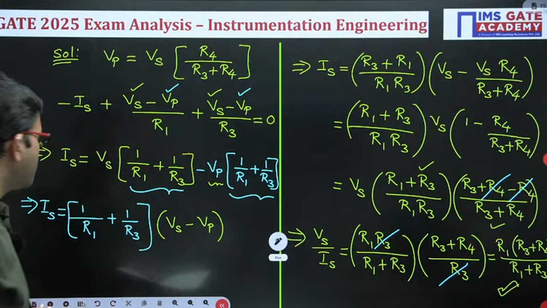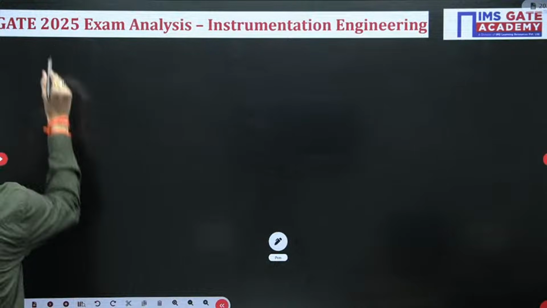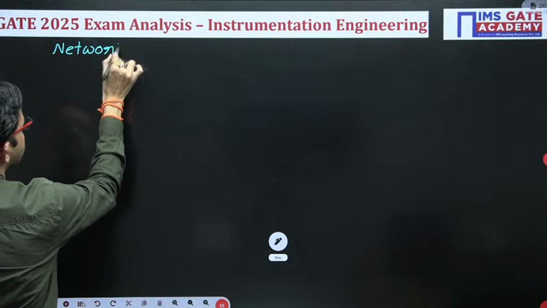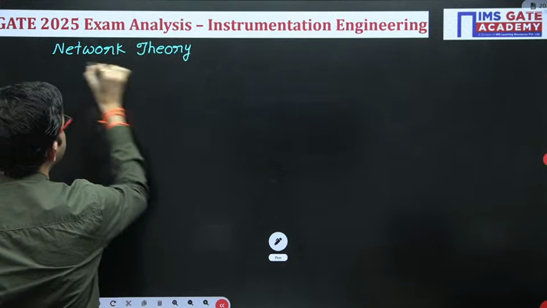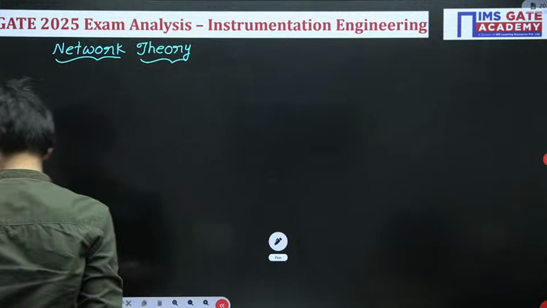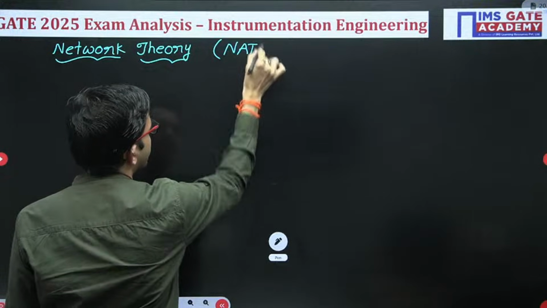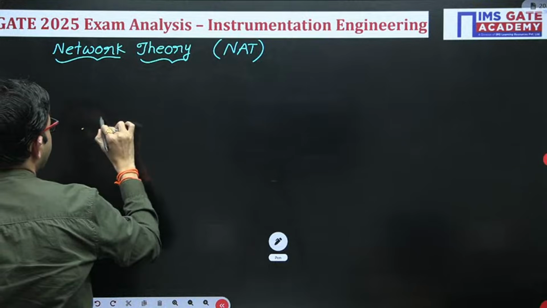Now we are going to solve one network theory question. This is a question regarding the network theory subject. The question is NAT. So you are having the circuit diagram like this.